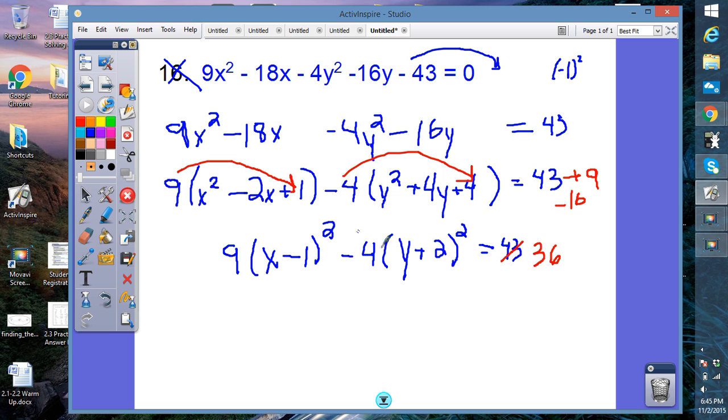All right. Now, we're going to talk about this Wednesday when it's x squared minus y squared. This is a hyperbola, but same as an ellipse, you want it to equal 1. So you're going to divide everything by 36.